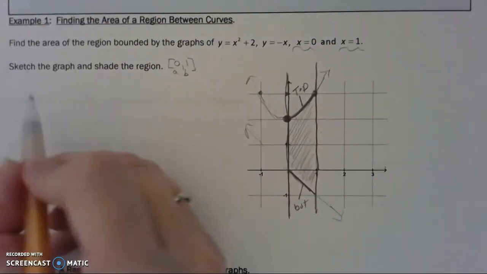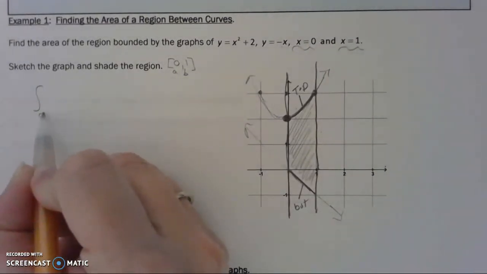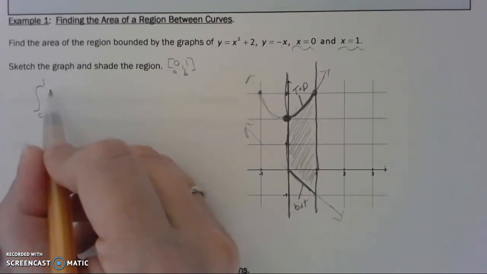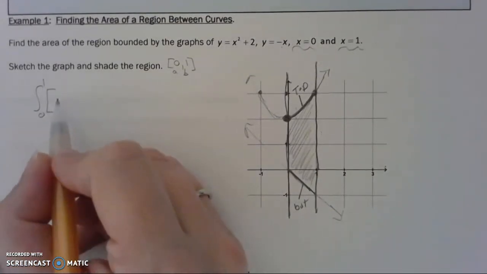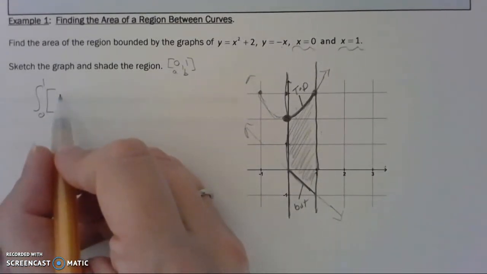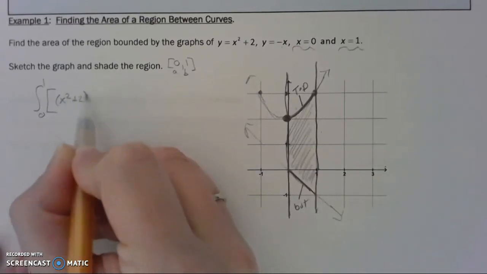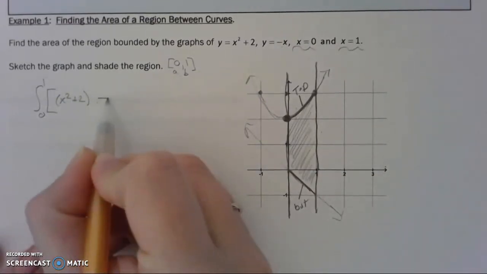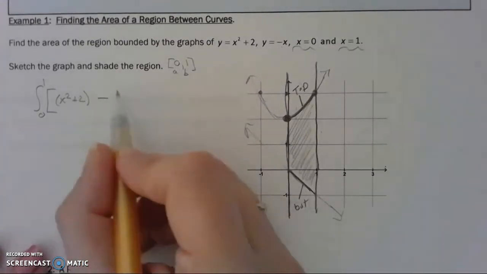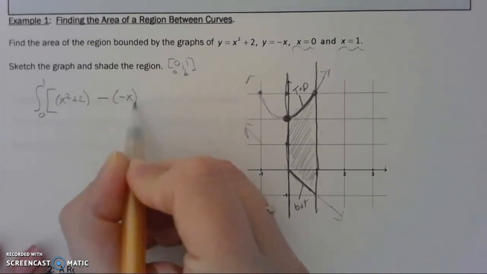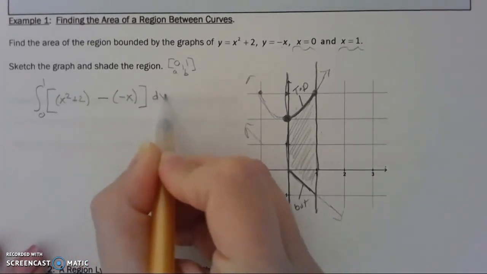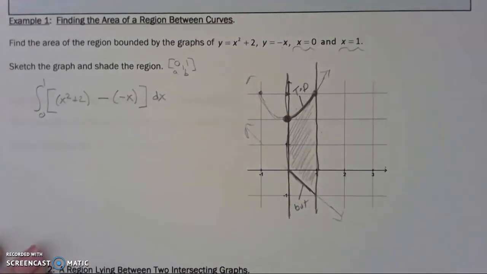So we're going to take the integral from 0 to 1 of our top function, which was x squared plus 2, and we're going to subtract out the bottom function, which was negative x, with respect to x.